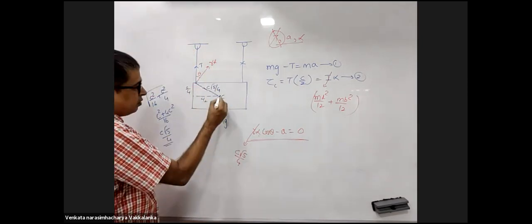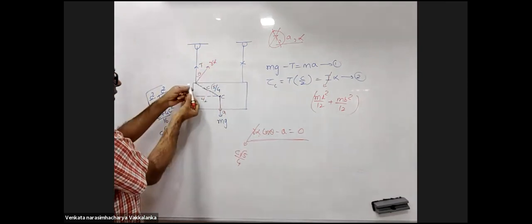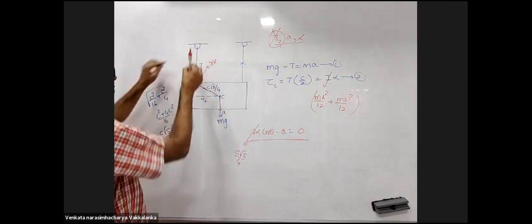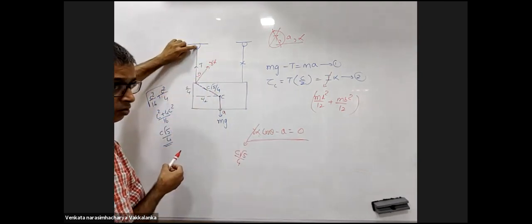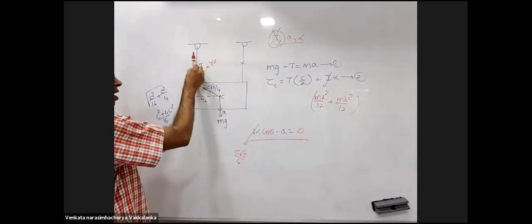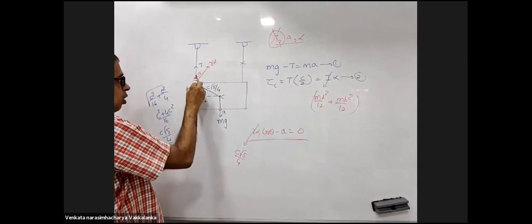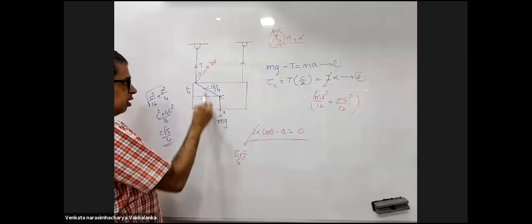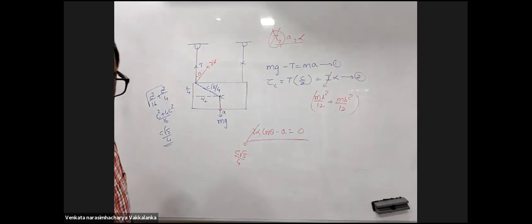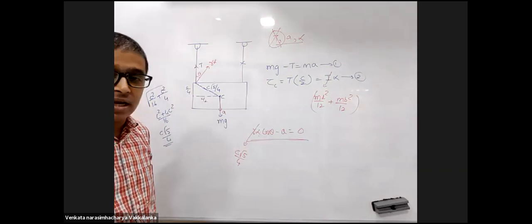So the resultant of this and A will come somewhere this way. That I will have to resolve along the length of the string and equate to 0. Instead of taking the resultant and then resolving it, I resolved and then took the resultant. R alpha cos theta minus A will be the acceleration of this point with respect to the ground in the vertical direction. Equate that to 0. All the three equations, are they clear to all?